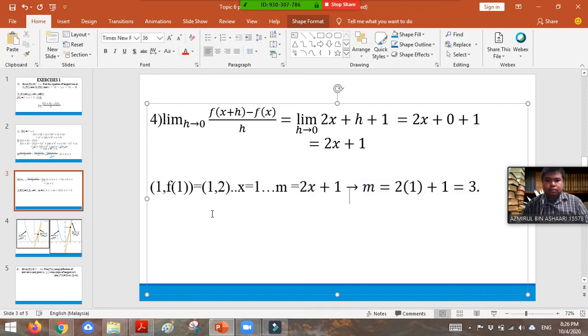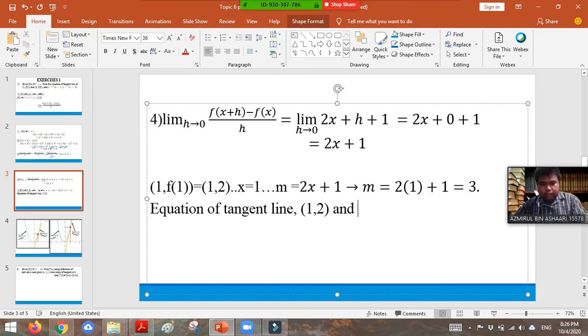Okay. Now you want to find the equation of the tangent line, where you get that at the point (1, 2), and your gradient is m equal to 3.